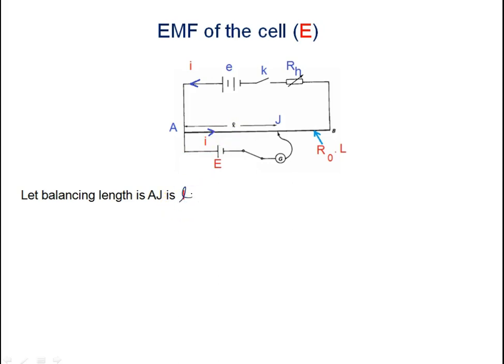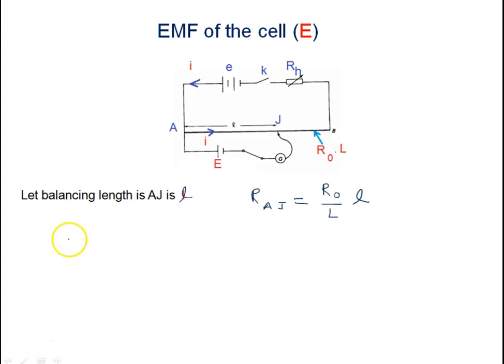Firstly, tell me what is the resistance of this l length of wire, the resistance across A and J. Firstly we calculate the resistance per unit length. If the wire AB has resistance R0 and length L, the resistance per unit length is R0 by L. And the length of wire AJ is small l.